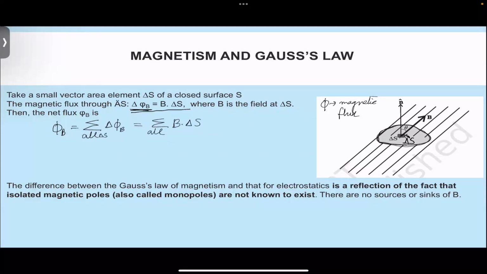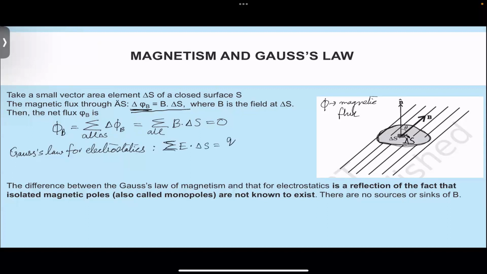When we consider the magnetic field passing through a closed surface, the net flux is zero, as we saw in the previous slide. So this is going to be zero. Now if you compare it with Gauss's law for electrostatics, the summation of E dot del S is not going to be zero.